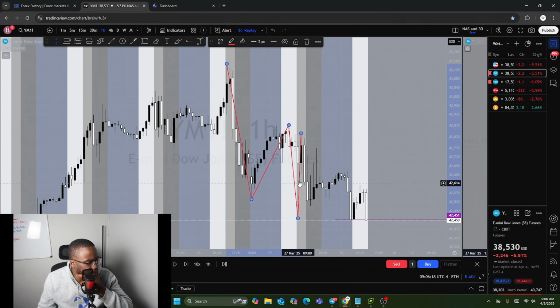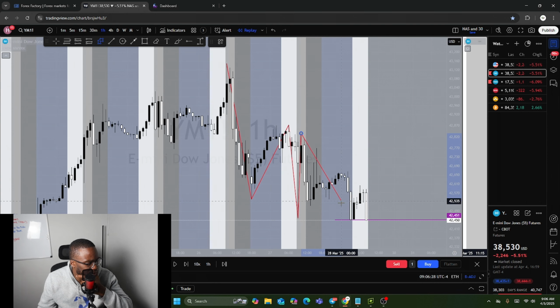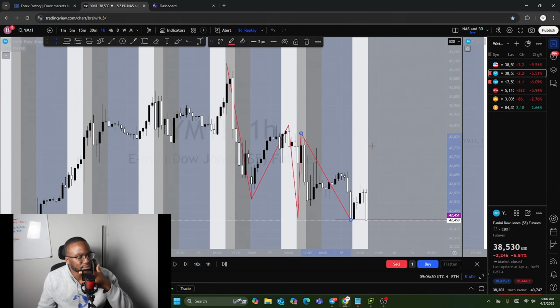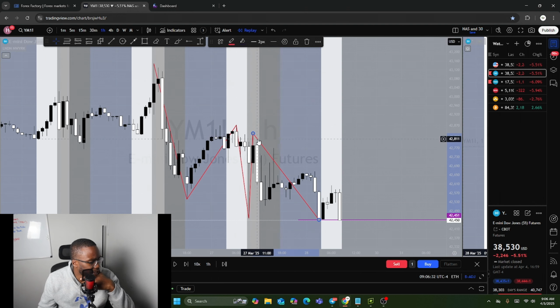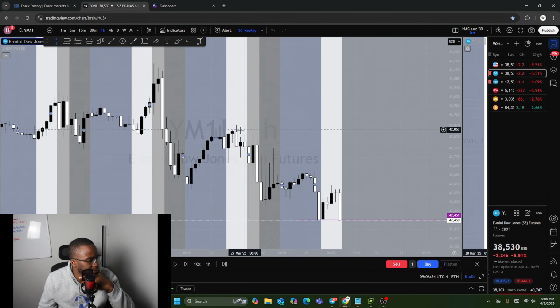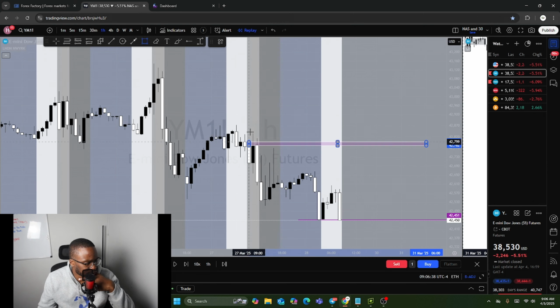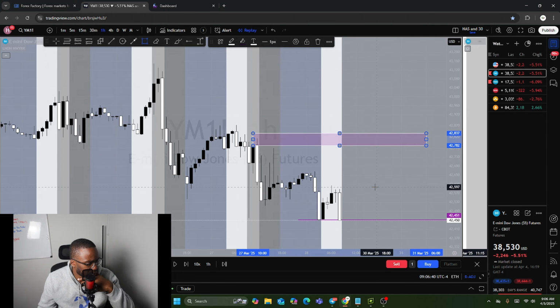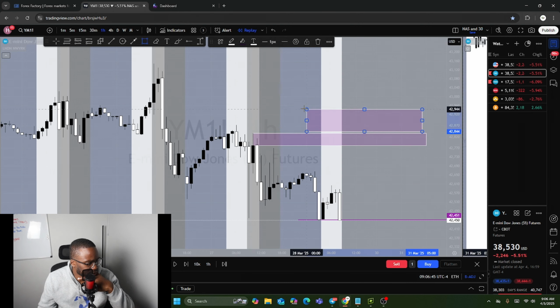So it dropped, created a low, came back up here, created a high, came back down here and created a low here. Okay. I got it now. I would draw a structure right there, and structure probably up here for the 1 hour time frame.